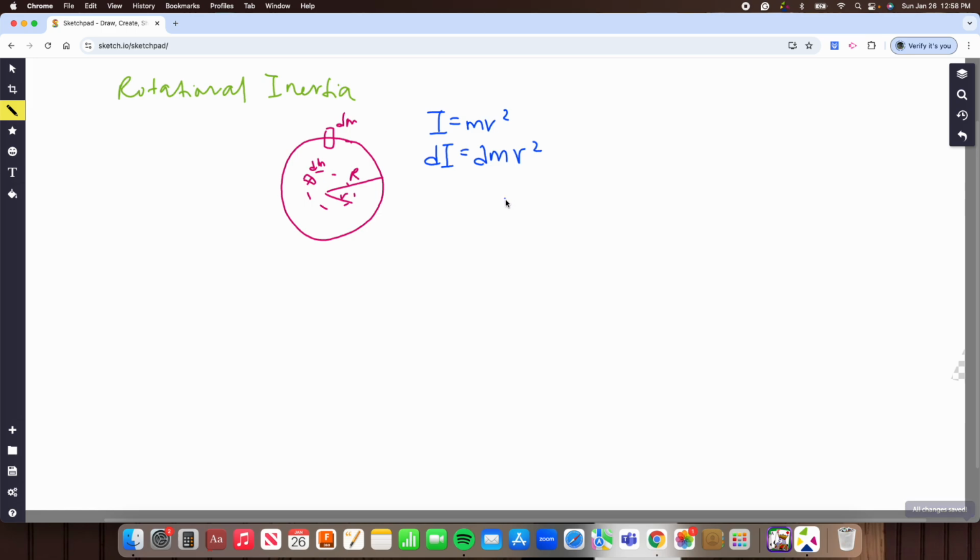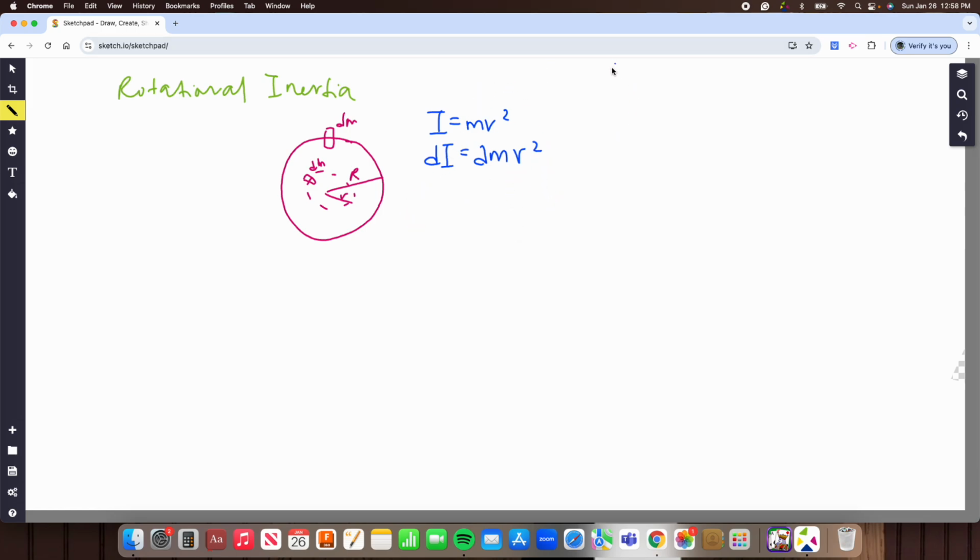Now if we play variable versus constant, we see that this r is also a variable, and we're integrating with respect to m. That's an issue because we have two variables and only one equation. So we want to think about how we can replace dm with something that has dr in it, since we're integrating with respect to the unknown variable.